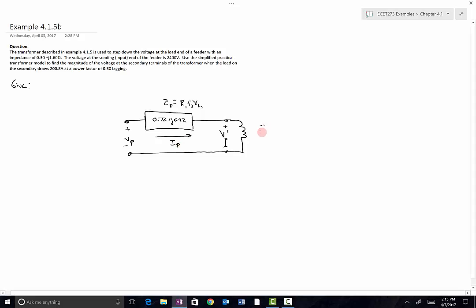On the secondary of the transformer, we just finished drawing our ideal transformer here. The output terminals of that are called VS prime. And that flows into the secondary resistance and secondary leakage reactance. That's going to be 7 milliohms plus j9 milliohms.